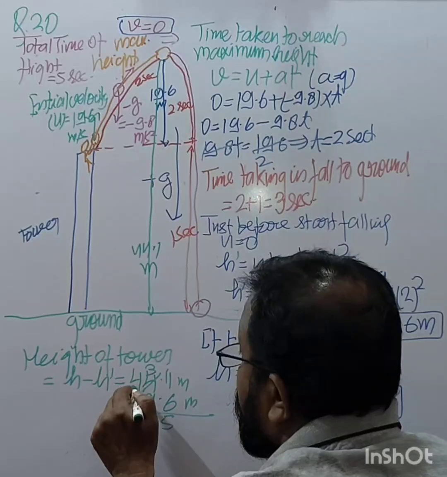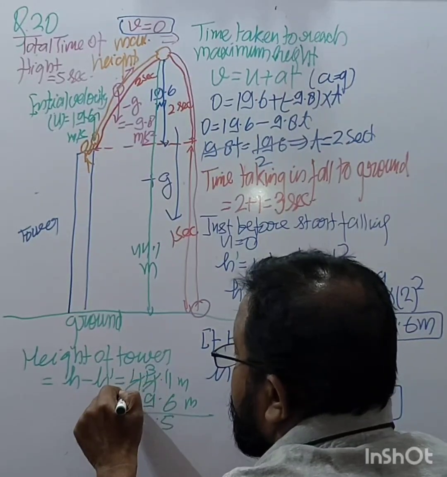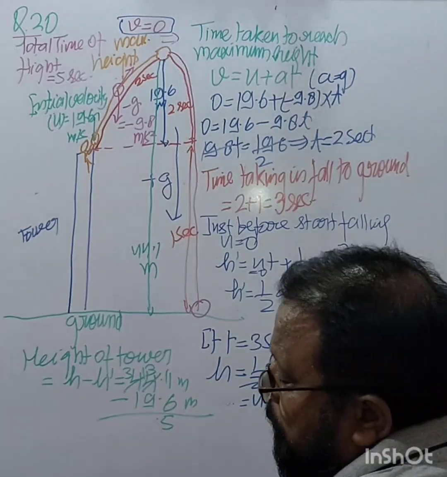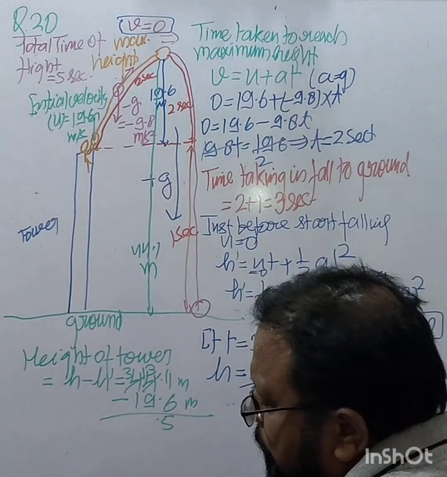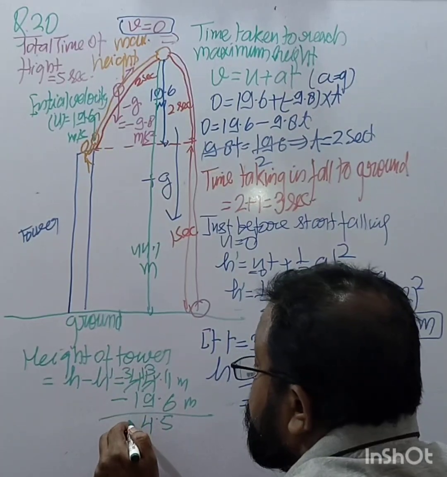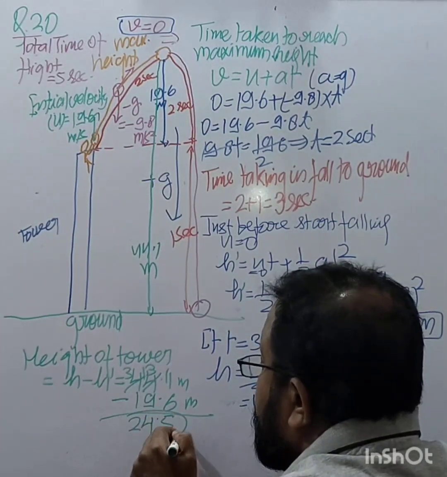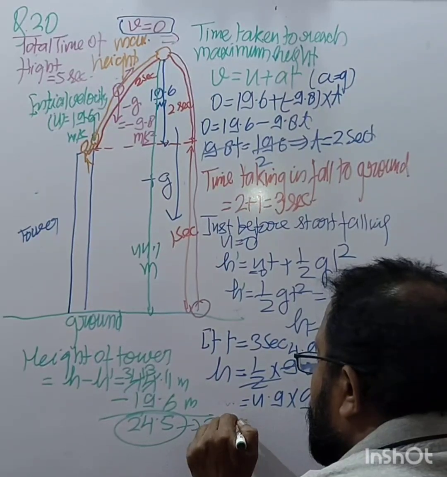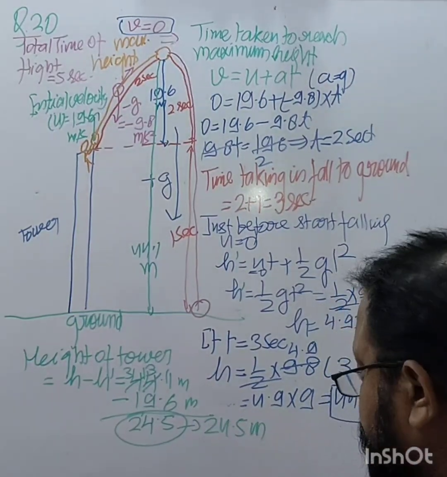It is 5 point, 13 minus 9 becomes 4, and 3 minus 1 becomes 2. So it is 24.5 meter. Right?